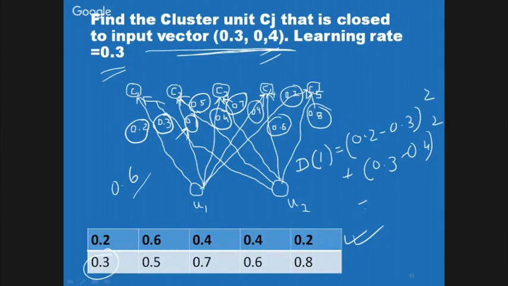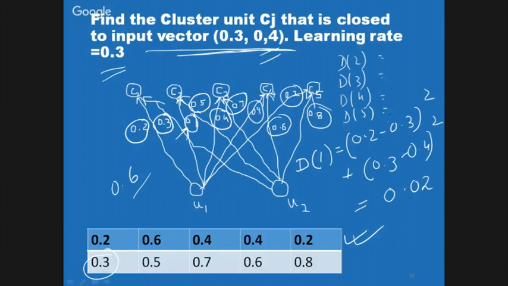This will be your D1. It comes to about 0.02. Similarly, you find D2, D3, D4 and D5.